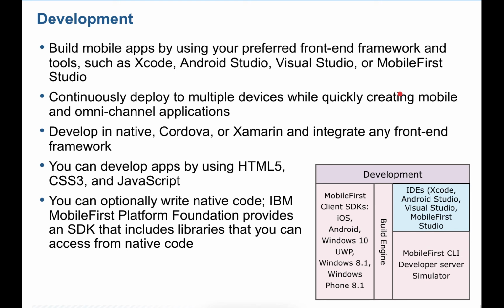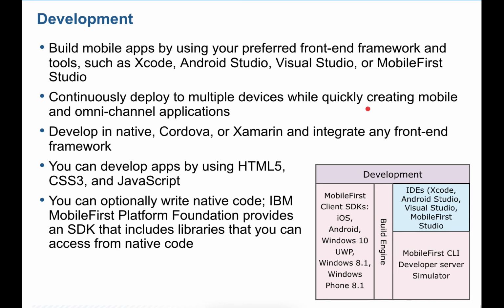We'll see how you can create an application with drag and drop for React Native or the Ionic framework or Apache Cordova or anything. So the development part, you are already aware of how you will create an application. Continuously deploy to multiple devices while quickly creating mobile apps and omni-channel applications.